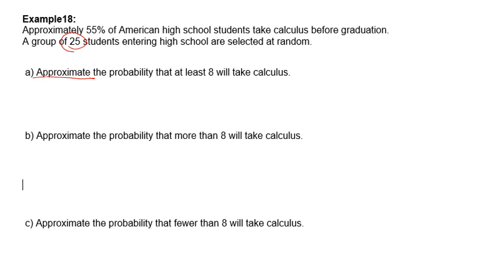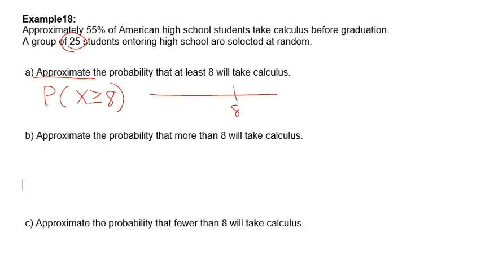Well, if you're going to use the normal approximation, the first thing you're going to have to do is the half-point adjustment, right? Well, for the first one, we want to be at least 8.